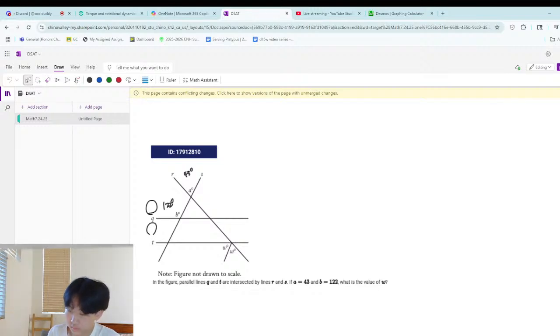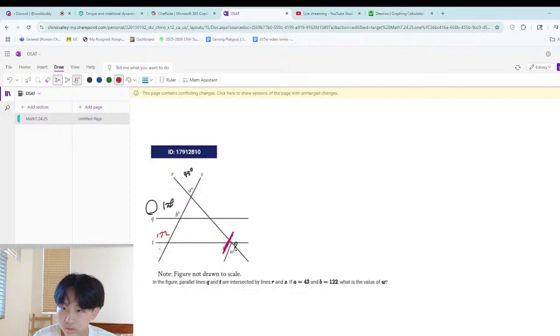So this is 2W, we could call this 2W. If this is 122, this is also 122. Sorry, it's a little bit messed up on my screen here. But this is also 122, y'all.